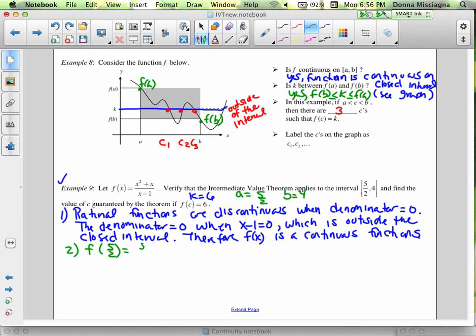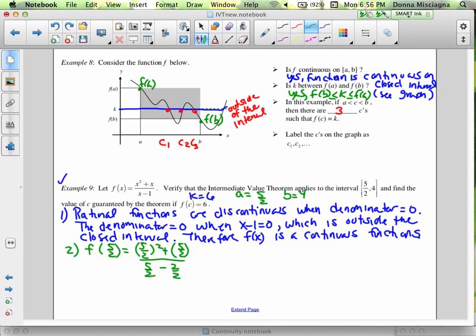So we have 5 halves squared. Nice little number to work with. 5 halves divided by 5 halves minus, I'm going to change 1 right away. I'm definitely going to need the extended page just because of the number they gave me. I'm going to change 1 right away to 2 halves.